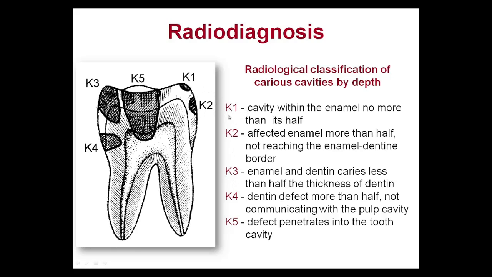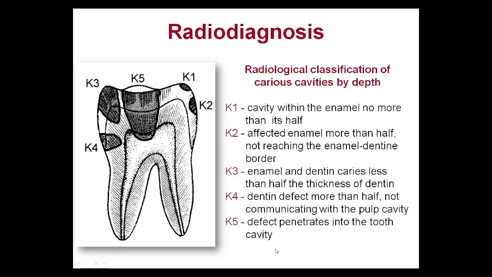So K1 is a cavity within the enamel, no more than its half. This is K1, not deeper than half of the enamel. This is enamel, this is dentin, and this is pulp. So K1: changes only in enamel and not deeper than half of the enamel.